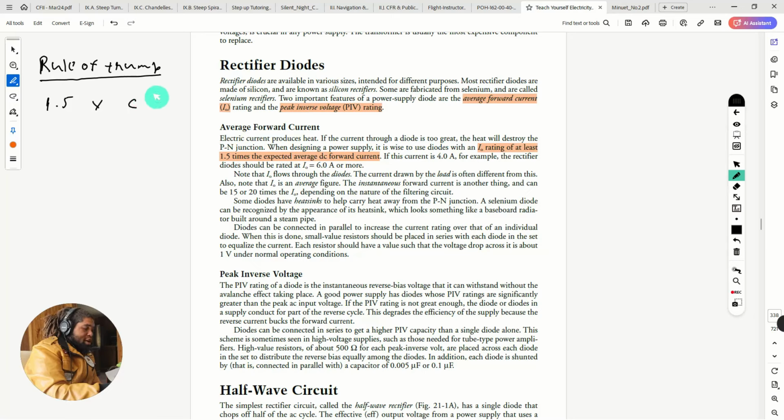I can put C there just for people that are unfamiliar, but current is typically noted with an I. So 1.5 when you're designing your power supply. Now that's 1.5 of your expected current. The idea is that it should be able to handle 50% more than the total.